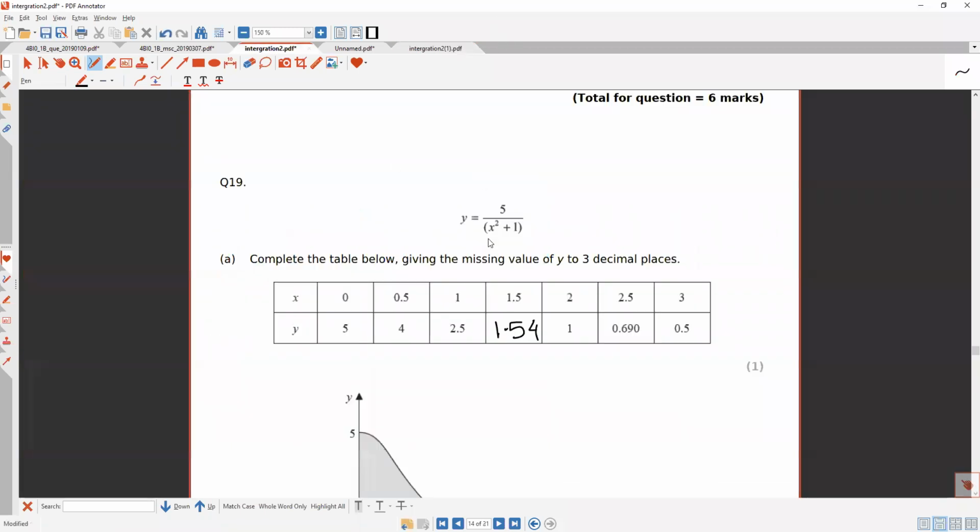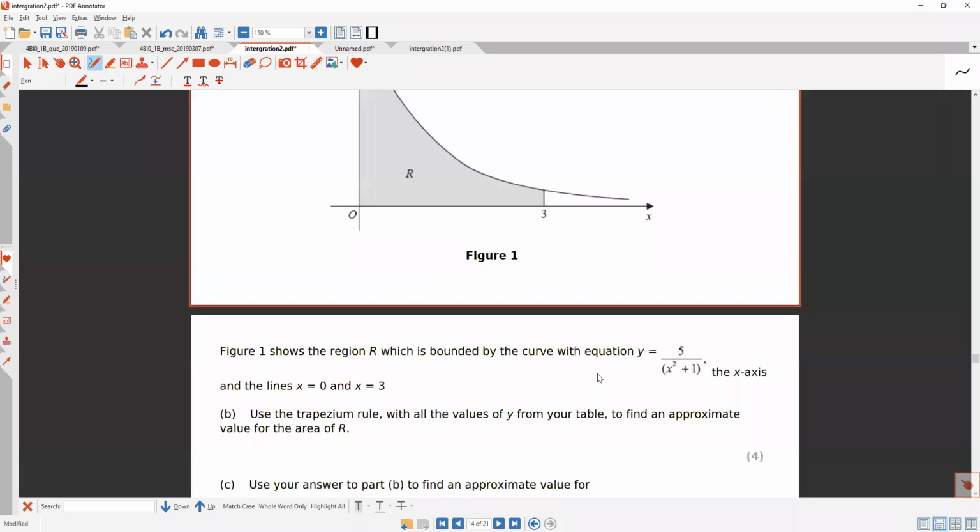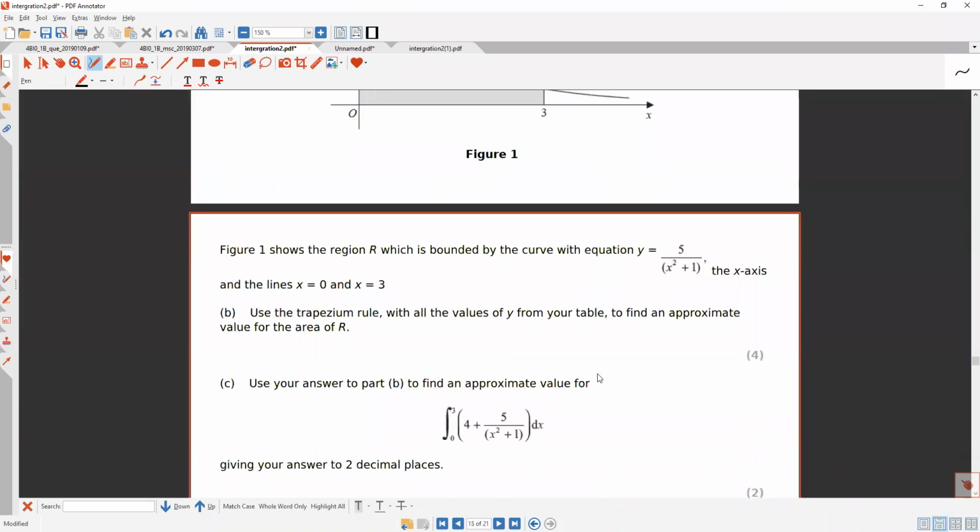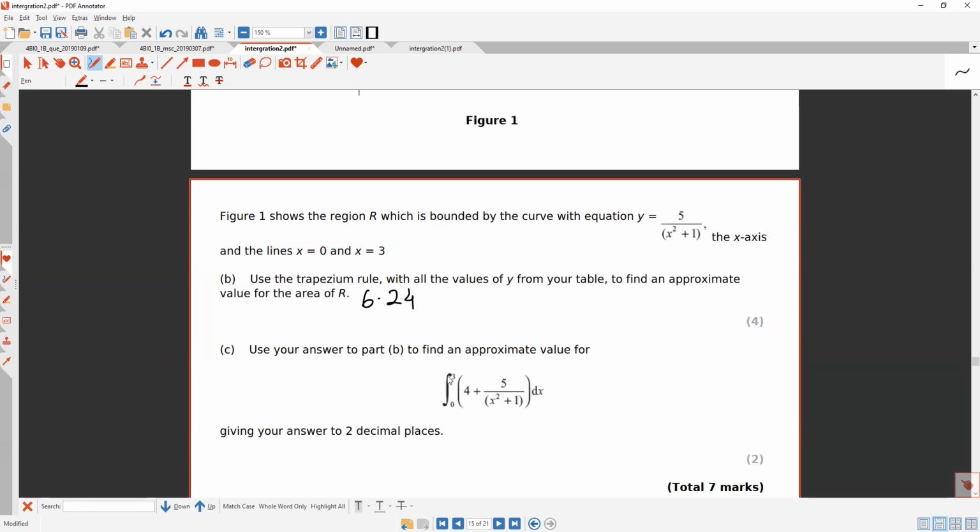Cool. Now let's continue. Then they said use your answer in part B. We are having 6.24, right? Now look here. If I open this bracket, this is the question that has been given to us. By using part B, I need to have some sort of part B concept in part C basically.